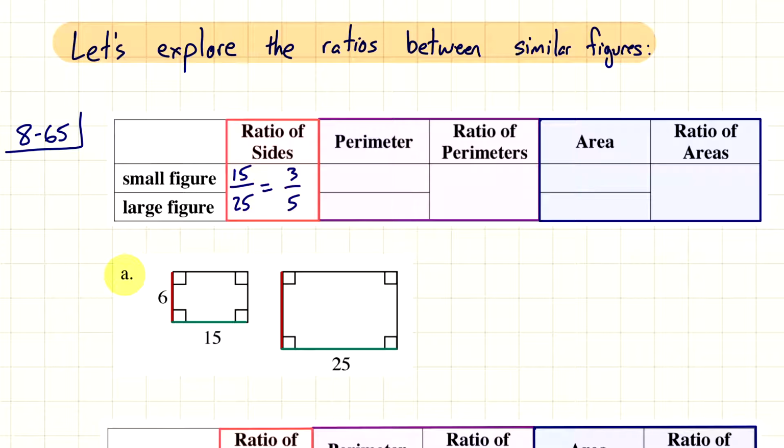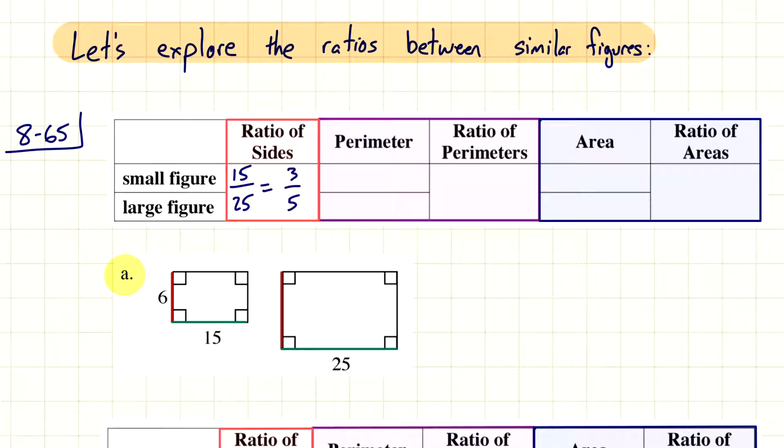Now, to do the ratio of perimeters and ratio of areas, we're first going to calculate the perimeter and area of these two rectangles. For those who need a reminder, perimeter means we're just adding up all the sides around. So if I add up 6 plus 15, plus these two other sides. Do we know these other two sides?